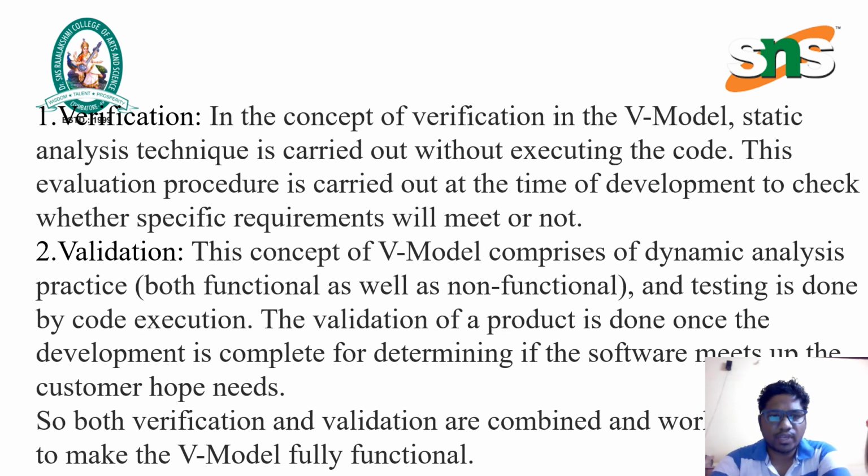Next is verification. In the V model, verification uses static analytical techniques, carried out without executing the code. This evaluation is done during development to check whether specific requirements will be met. Second is validation. This concept comprises dynamic analysis, both functional and non-functional, and testing is done by executing the code.